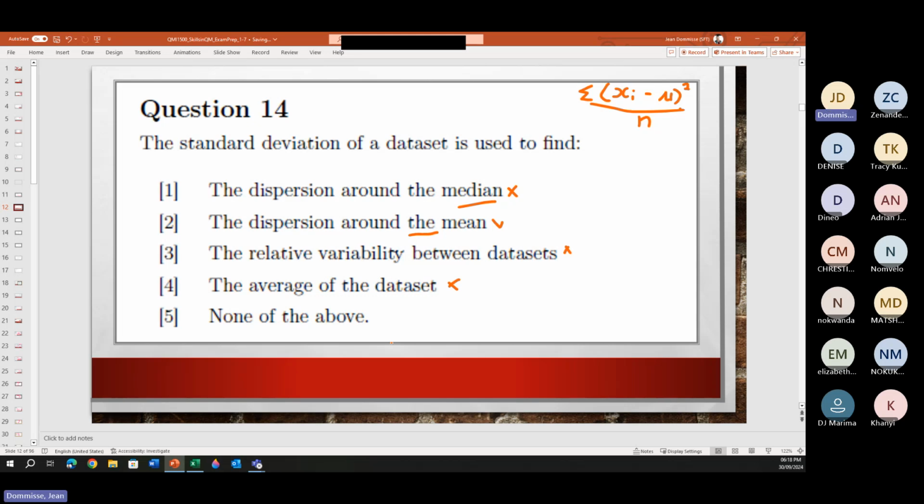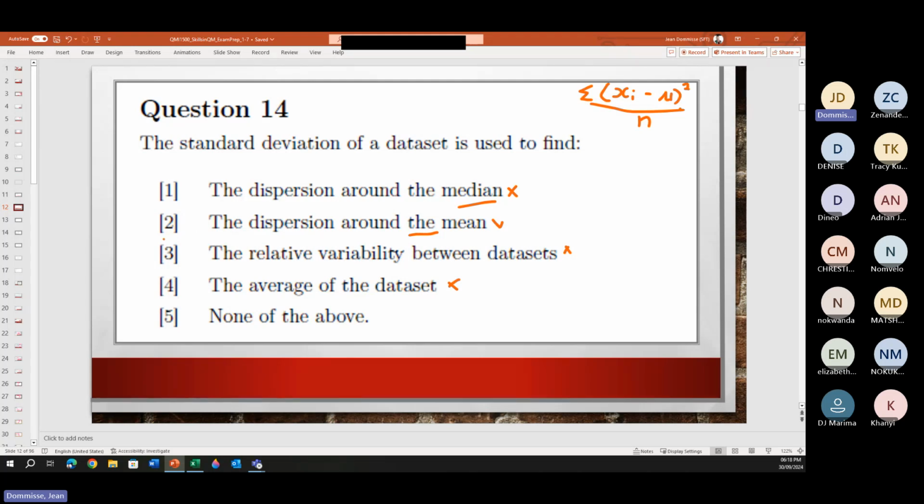Okay, and again, a lot of these things, when you start off, it's like, okay, the dispersion, yes, it is, but then they throw in one word that makes it wrong. The average of a data set, so no, it's not. The relative variability, so also not.